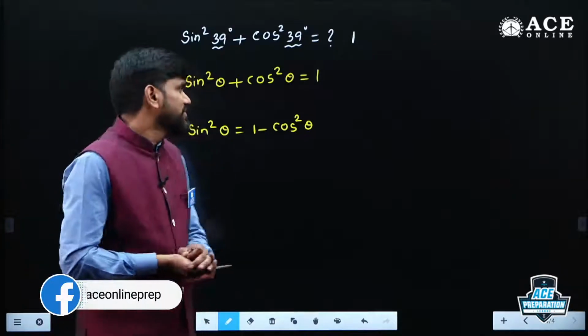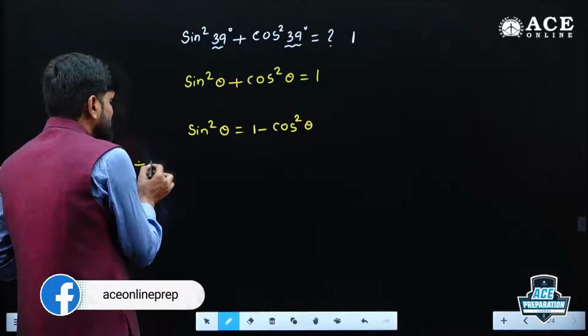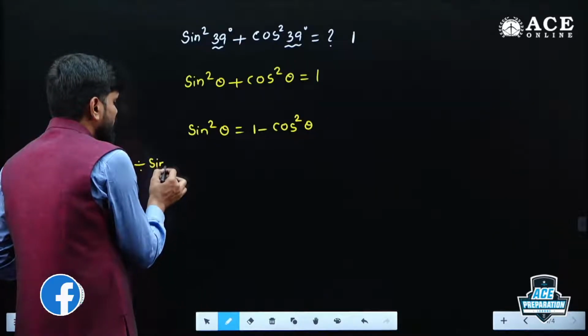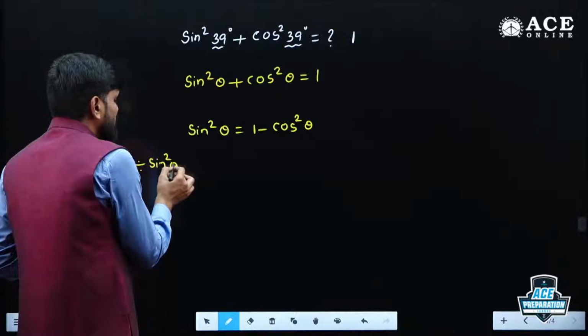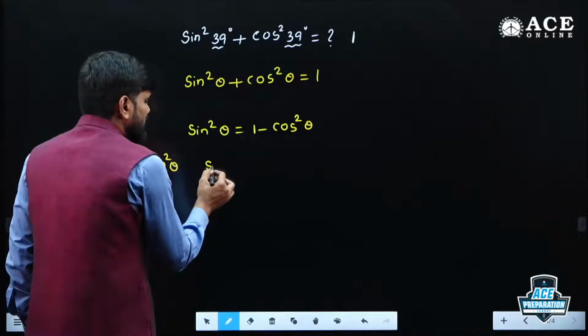If you divide both the sides with sin square theta here, what will that give you, dear? Sin square theta by sin square theta will give you what? Let me write one step here.